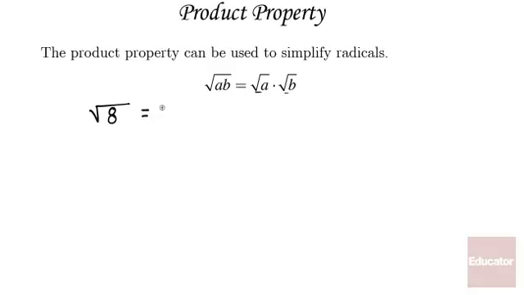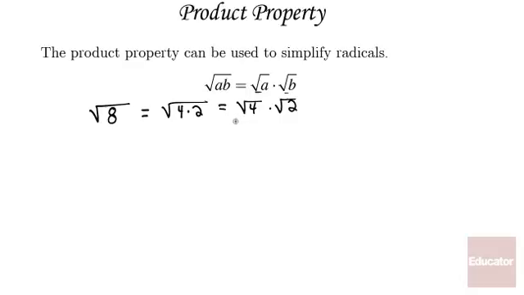So first, factor out any perfect squares. I'm expressing 8 as 4 times 2. Then using the product property, I can split this out into the square root of 4 times the square root of 2.